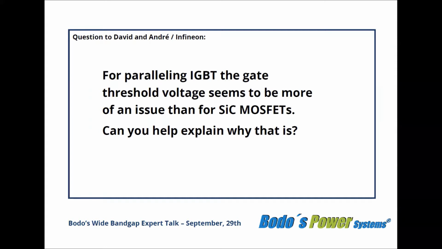In silicon carbide MOSFETs, it's still a weakness that the transconductance is much lower than in silicon, but it helps in paralleling because a similar deviation in the threshold voltage between different silicon carbide MOSFETs will not have such a big difference in the conductivity behavior of two parallel MOSFETs. For that reason, threshold voltage variations, at least if they are in the same range as we know it from silicon, are of less importance for paralleling SiC MOSFETs.